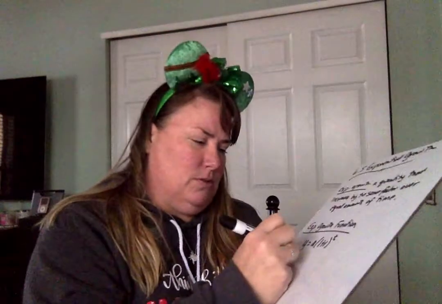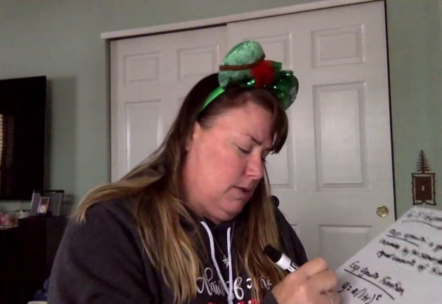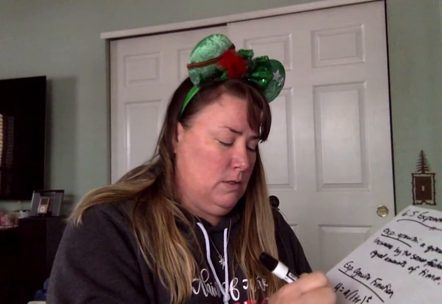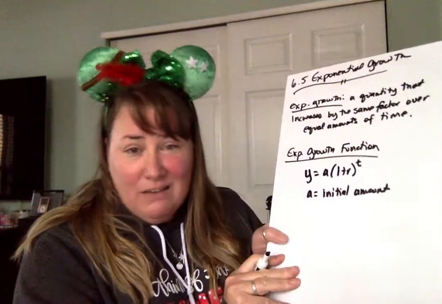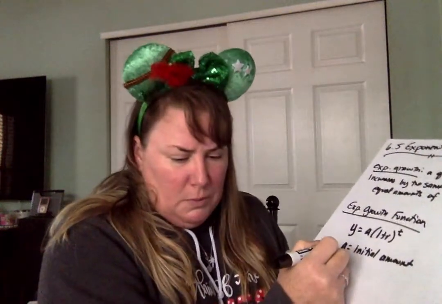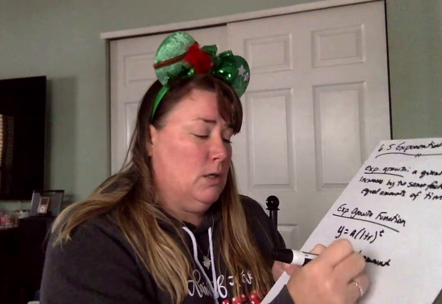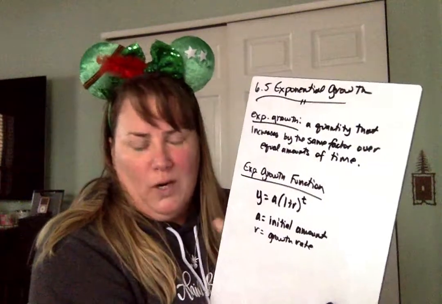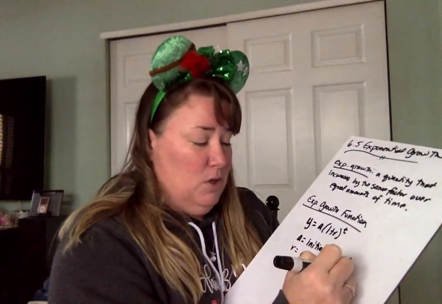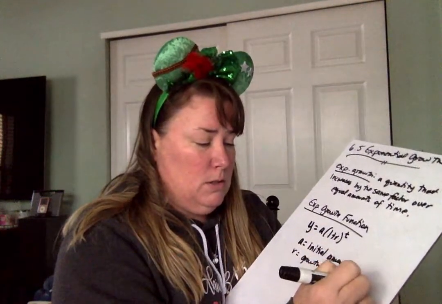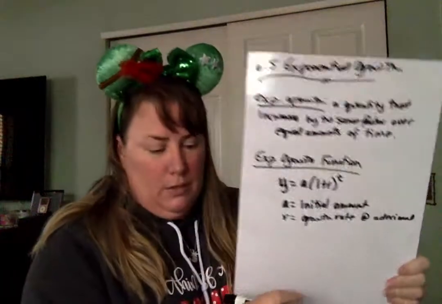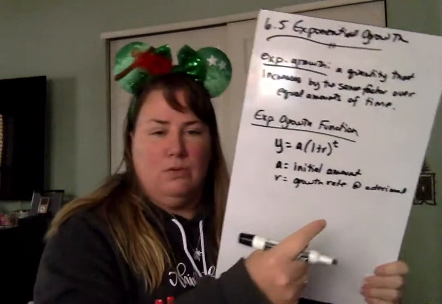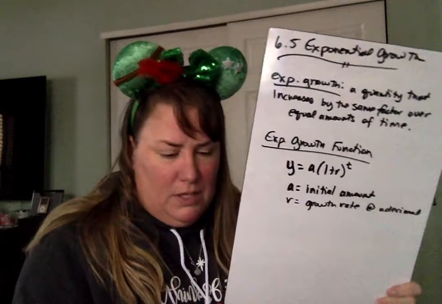A is your initial amount. Initial amount is also known as what it's starting at. R is your growth rate, so how this quantity is changing, as a decimal. They are going to give it to you as a decimal, but you need to change it into a percent.